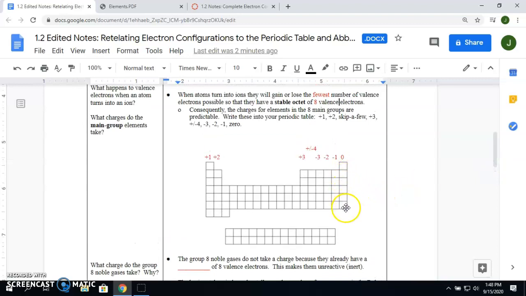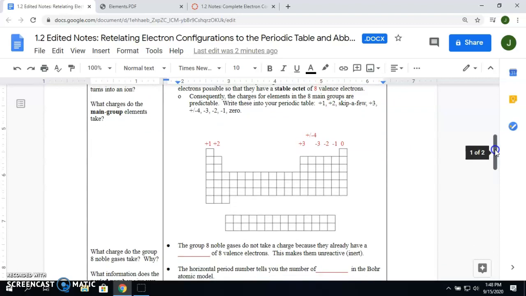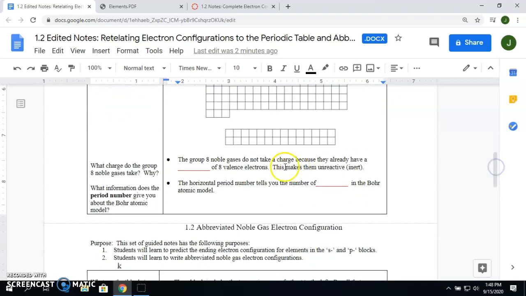Elements in main group 8 already have 8 valence electrons, a stable octet, so they don't need to gain or lose anything. For that reason, they take 0 charge. The group 8 noble gases do not take a charge because they already have a stable octet of 8 valence electrons. This makes them unreactive, and another word for unreactive is inert.